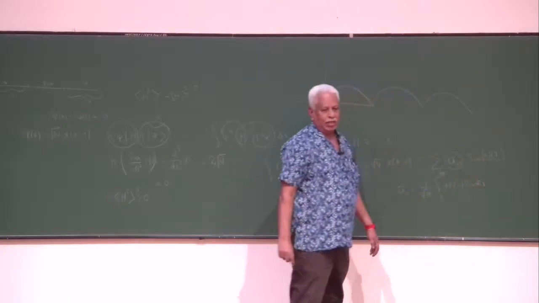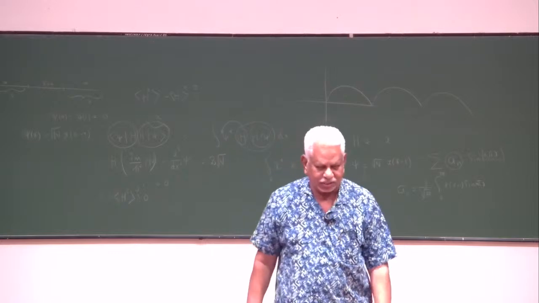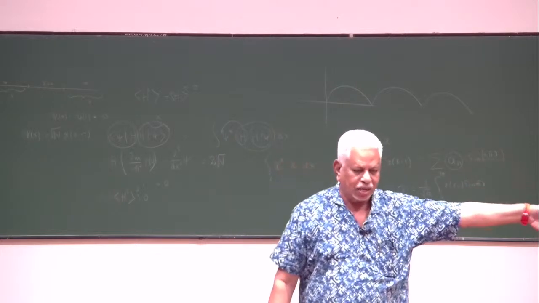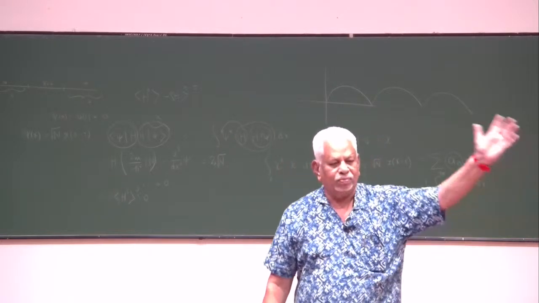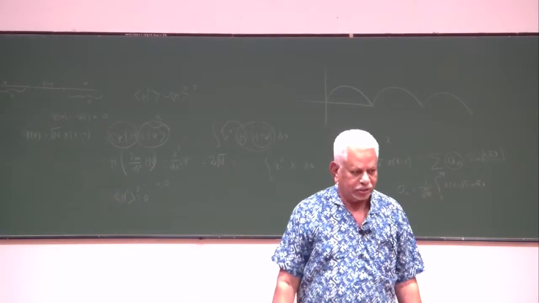This is that integral. You have to integrate that function f of x multiplied by sine n pi x, integral from 0 to 2 pi, which will give me the coefficients a n.